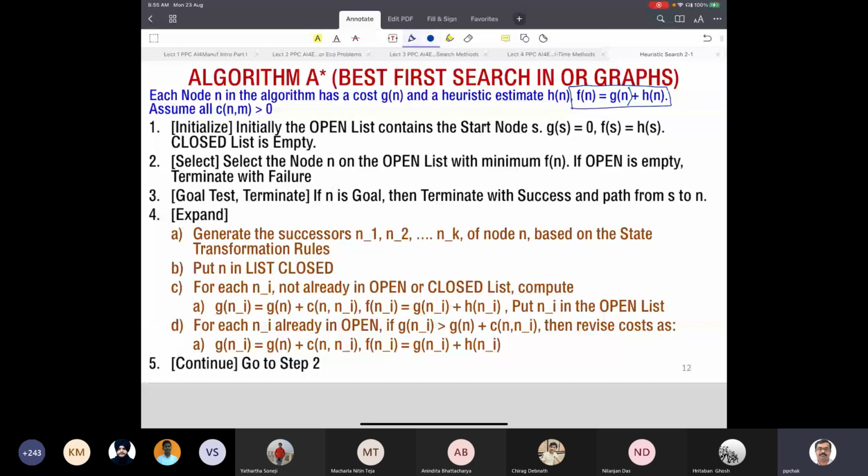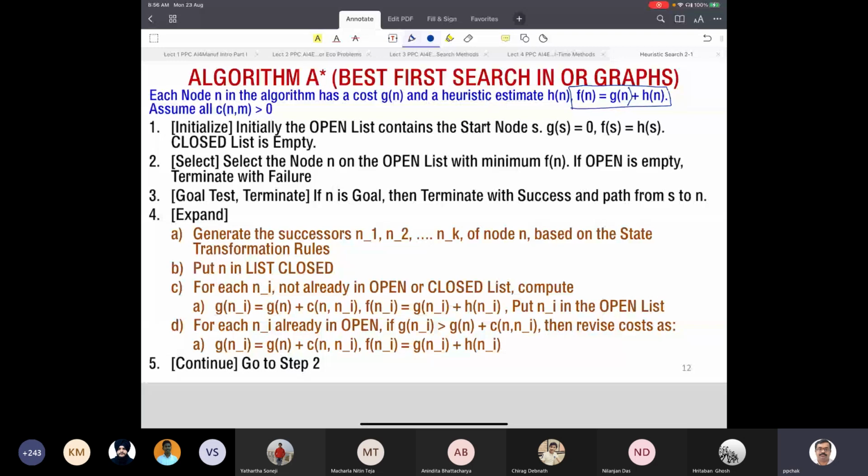We use Gn plus Hn to create an evaluation function, which is the cost of the path from S to goal via N. That is the estimated best cost. So we will continue to compute Gn values, Fn values and Hn values at different nodes.